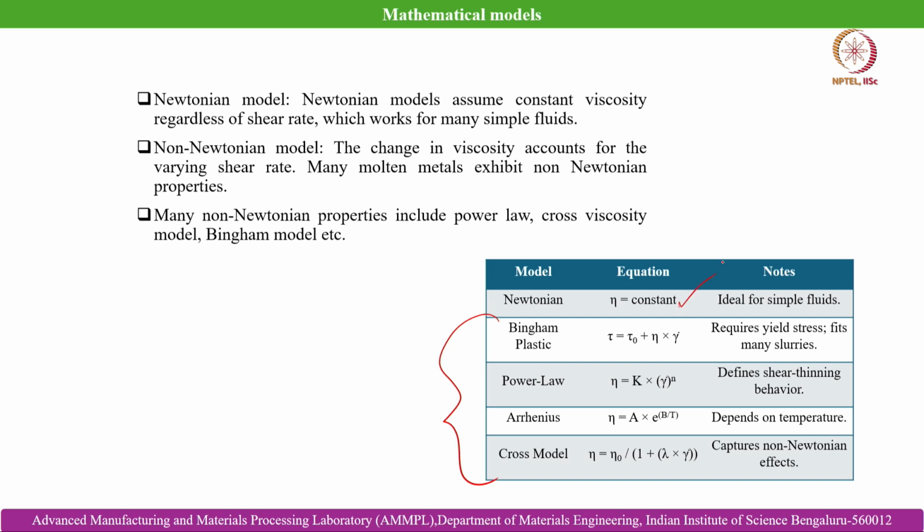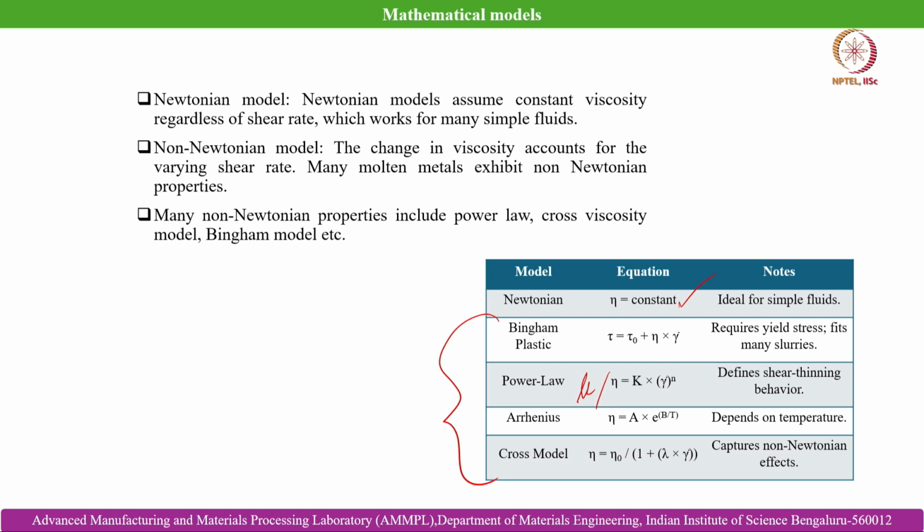In Bingham plastic, shear stress is equal to the shear stress at zero shear plus viscosity times shear strain rate, so it requires a yield stress, which fits many slurries. Then there is the power law model: eta, the dynamic viscosity, which can also be expressed as mu, as I used in the previous slide, is equal to k gamma dot to the power n, which defines shear thinning behavior. Then the Arrhenius model: viscosity is equal to A times e to the power b by T.